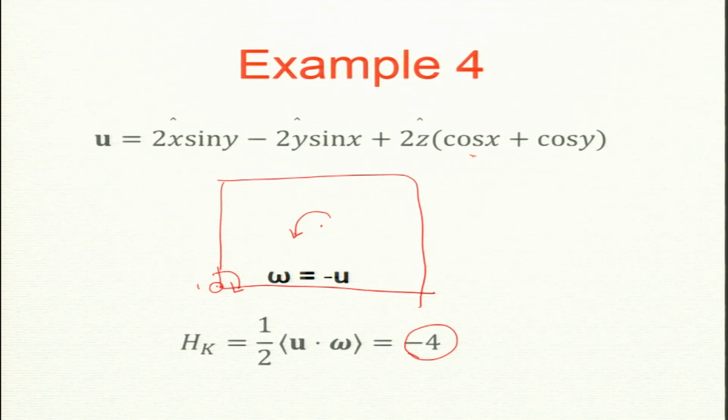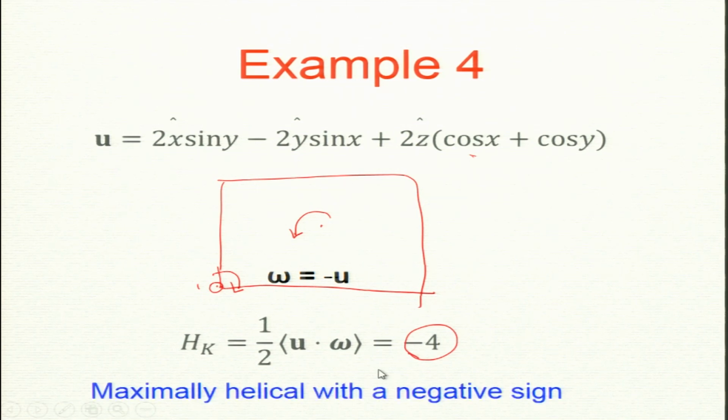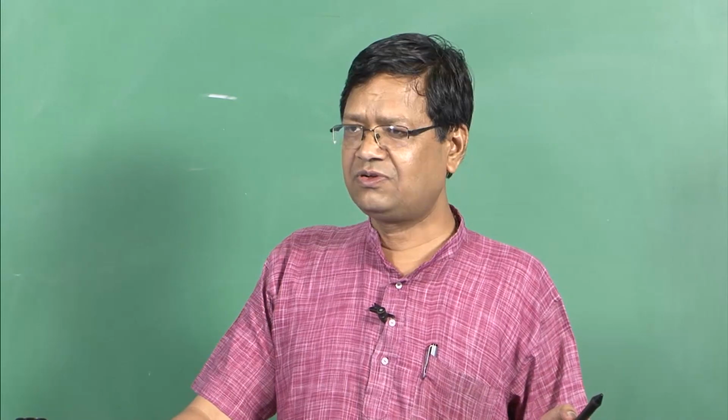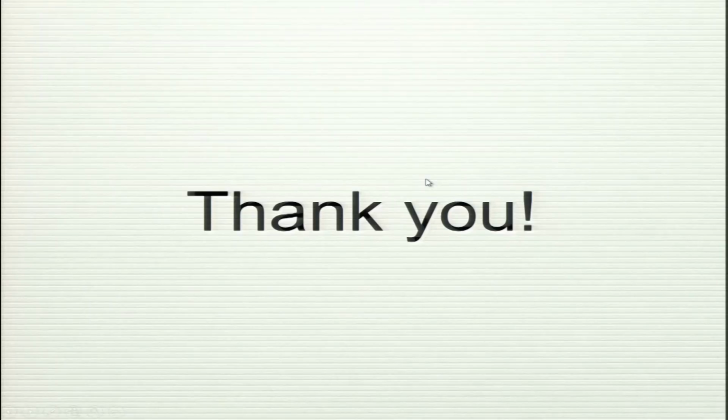So this cannot go lower than minus 4, and this is called maximal helical with negative sign. So the earlier example was positive sign and this is negative sign. These are the 4 examples I would like you to keep in mind, and we will revisit them several times. Okay. So I will stop. Thank you.